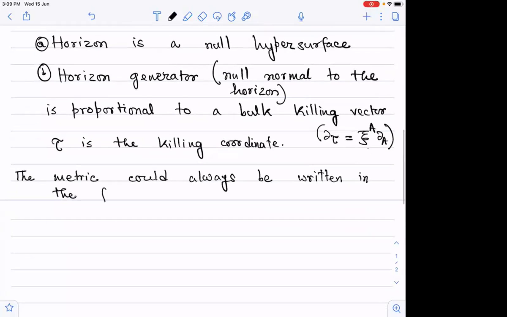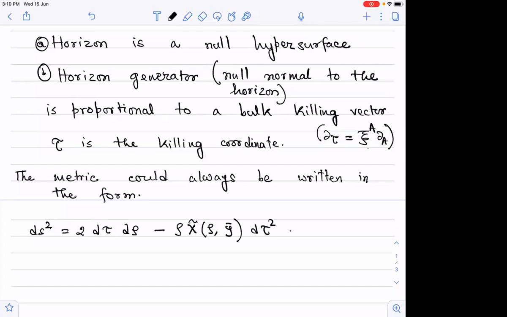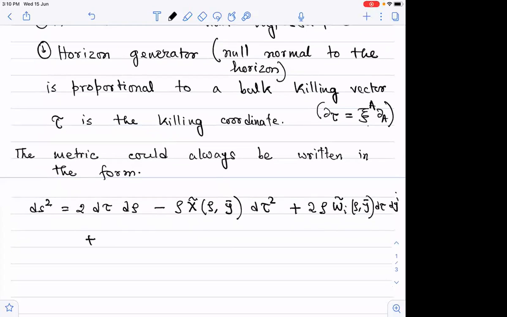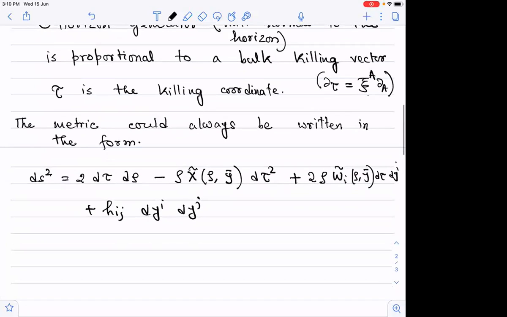The metric could always be written in the form ds squared = 2 d tau d rho minus rho x tilde, which is a function of rho and the other spatial coordinates, d tau squared, plus 2 rho, which is also a function of rho and other spatial coordinates, d tau dy^i, plus h_ij, which is also a function of the other coordinates.